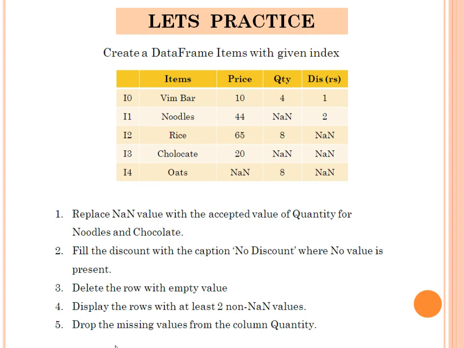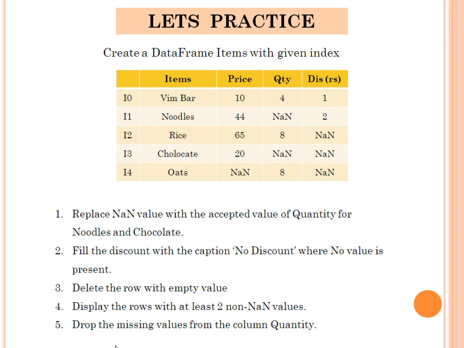Okay, then my first point is replace the NaN value with the accepted value of quantity for noodles and chocolate. Second, fill the discount with the caption no discount where no value is present. So of course on the NaN values you have to write no discount.